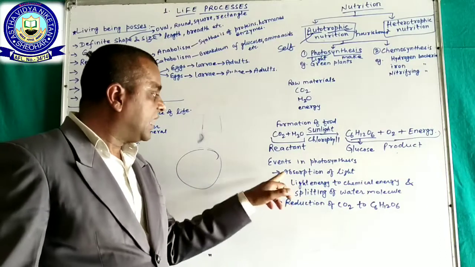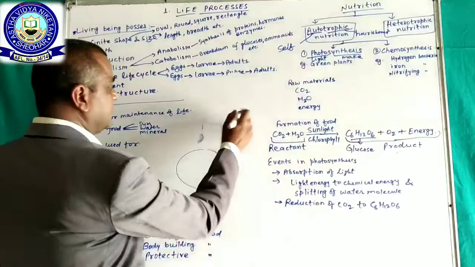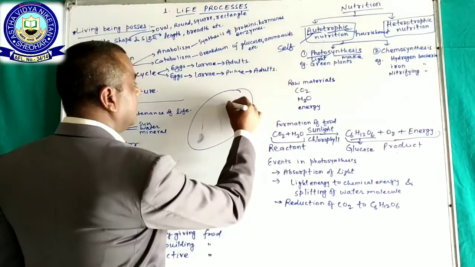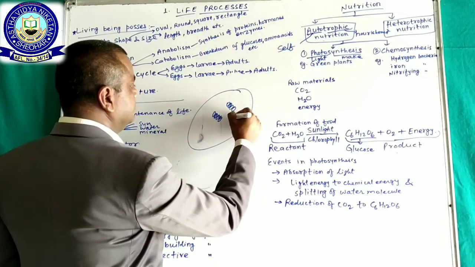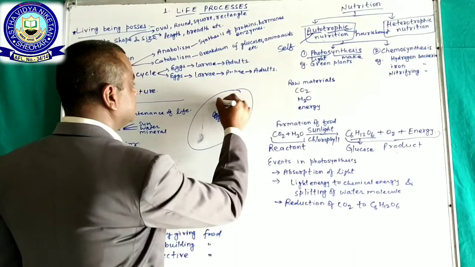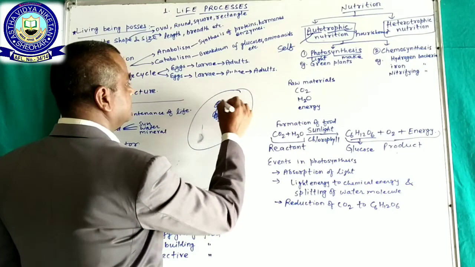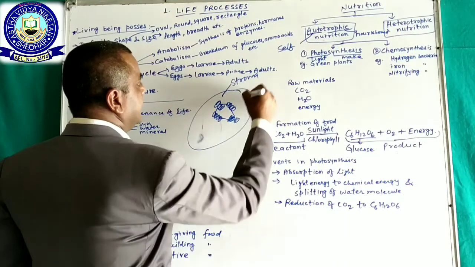Now what events come in photosynthesis? They are absorption of light. See here, this one is chlorophyll, this one grana, and this one stroma.